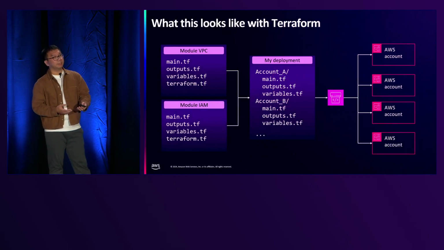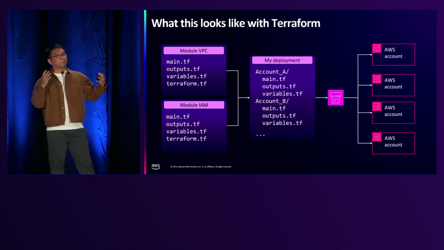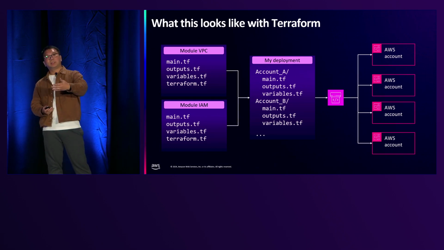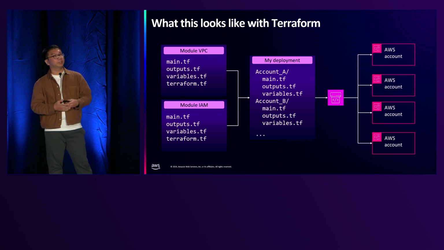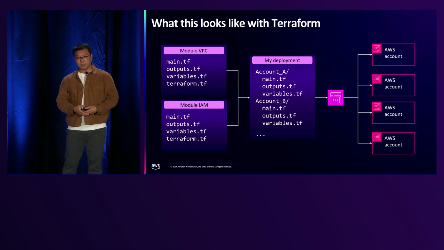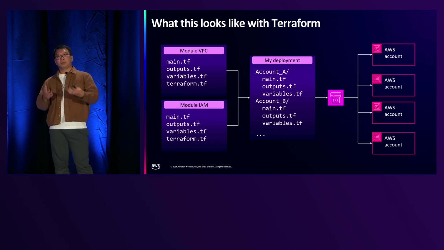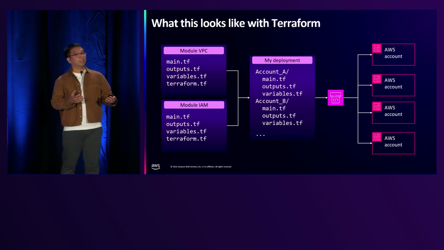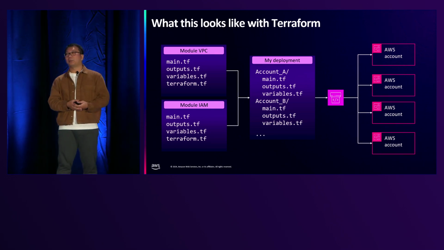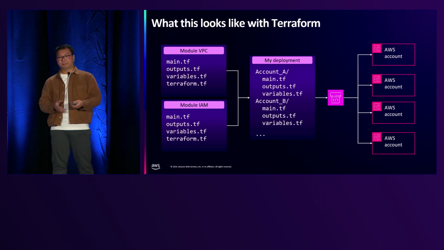How are we doing it today? Typically, you have this potential model, like you see on the screen, where you try to decouple your Terraform configurations using modules. Then you have your main deployments, your root configurations, for multiple accounts, and a pipeline that handles the deployments across multiple environments.